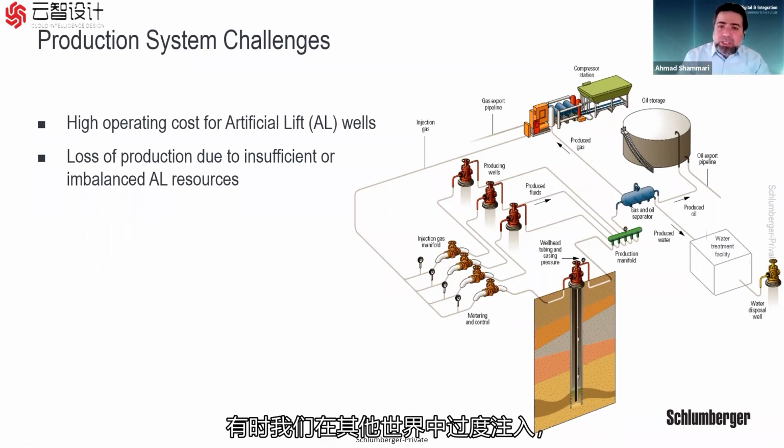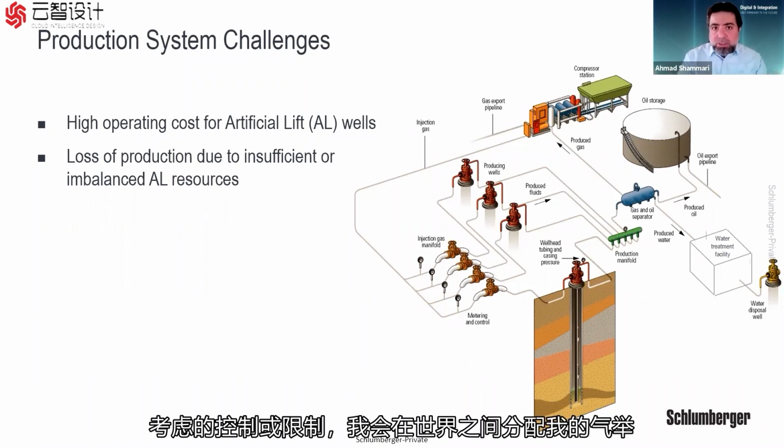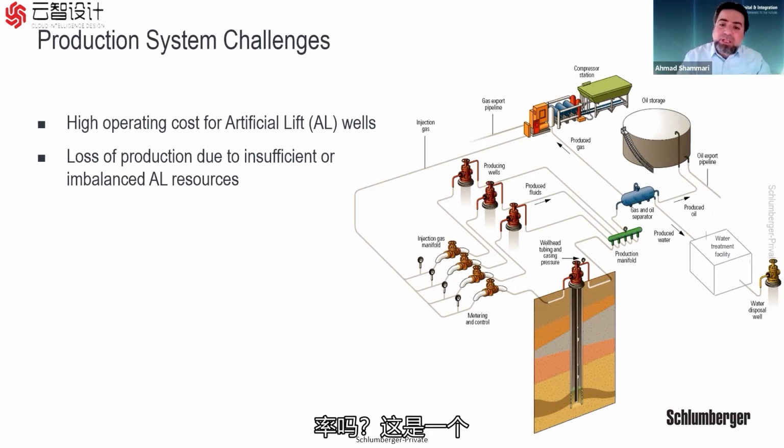Sometimes we are over injecting it in other wells, and sometimes we have limited gas lift rate. How do I distribute this gas lift rate among the wells? What are the controls or constraints that I need to consider when I distribute my gas lift rates among the wells? This is an important question.